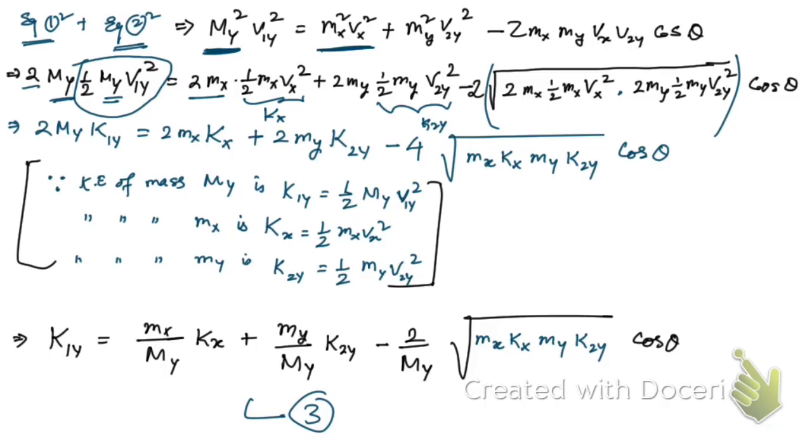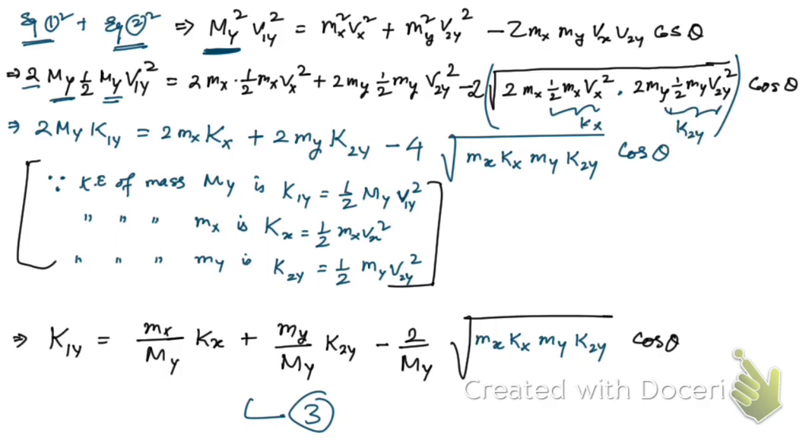So this term can be written this way, putting the square root, then again whole square. Then we can simplify this way in order to bring in the kinetic energy term. Hope you have understood this. So this is replaced by kx, this is replaced by k2y, and we have got this relation.